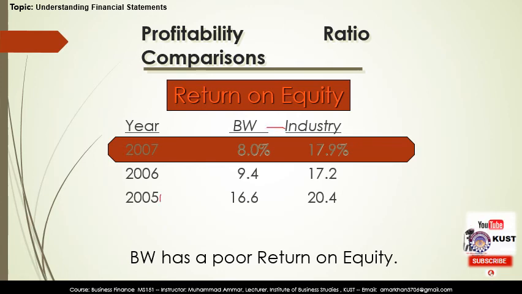The years 2005, 6 and 7 have been given, but we are currently talking about the year 2007 only. In 2007 Basket Vendor has 8% and the industry average has 17.9%. It's a huge difference. So Basket Vendor has a poor return on equity as compared to the industry average.